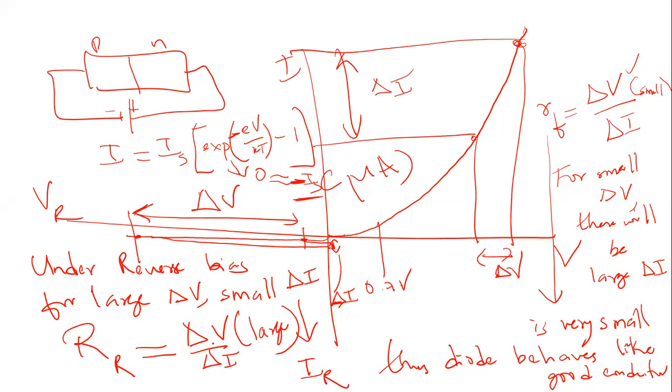And therefore, we can say that no current can pass through the diode, no current which can be detectable, or sufficiently large current which can be detected by a normal ammeter, and which can be utilized for our devices, right?